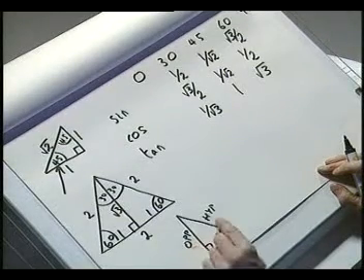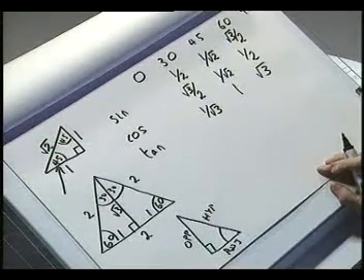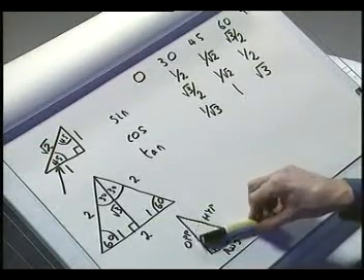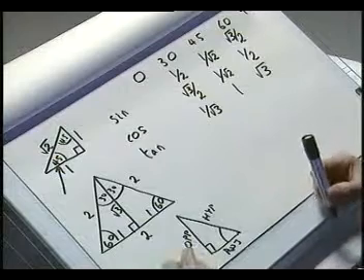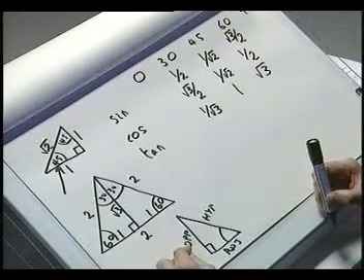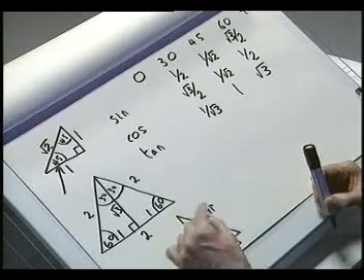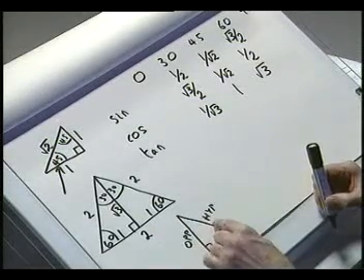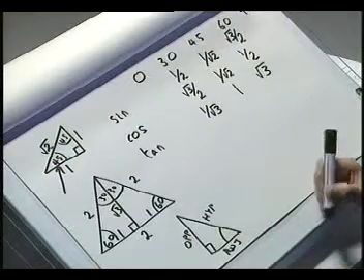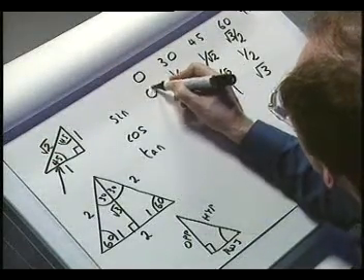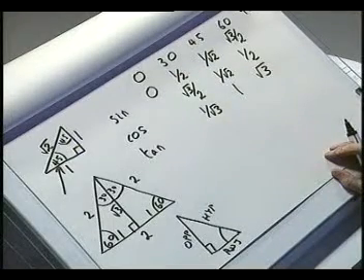Sine is opposite over hypotenuse. If we imagine this angle going down towards 0 like that, it's clear that the opposite side is becoming 0 itself. And so we have 0, or a number approaching 0, being divided by the hypotenuse, which is pretty large. That would suggest that the sine of 0 is 0.